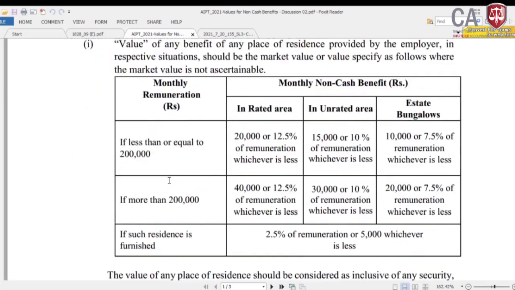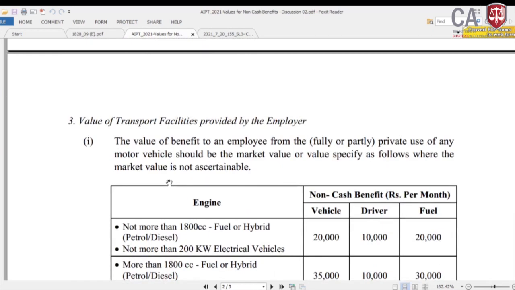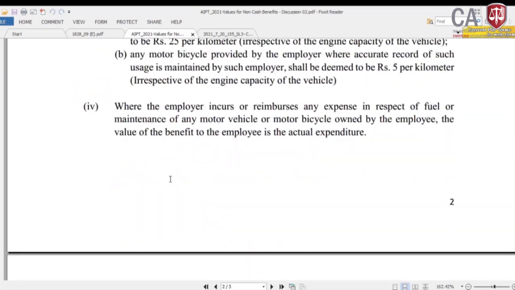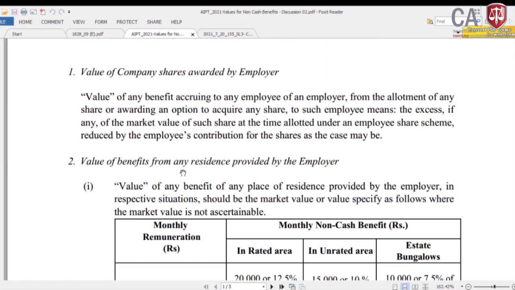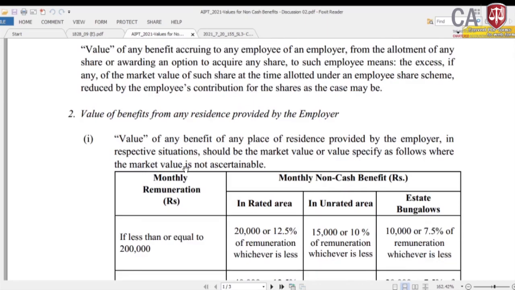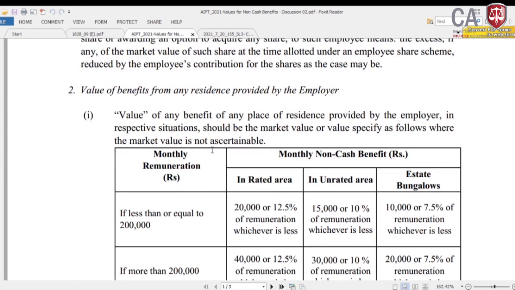Then I am coming to the third paragraph, which is the value of the housing benefit. This is the value of benefits for any residence provided by the employer. How to compute the housing benefit?